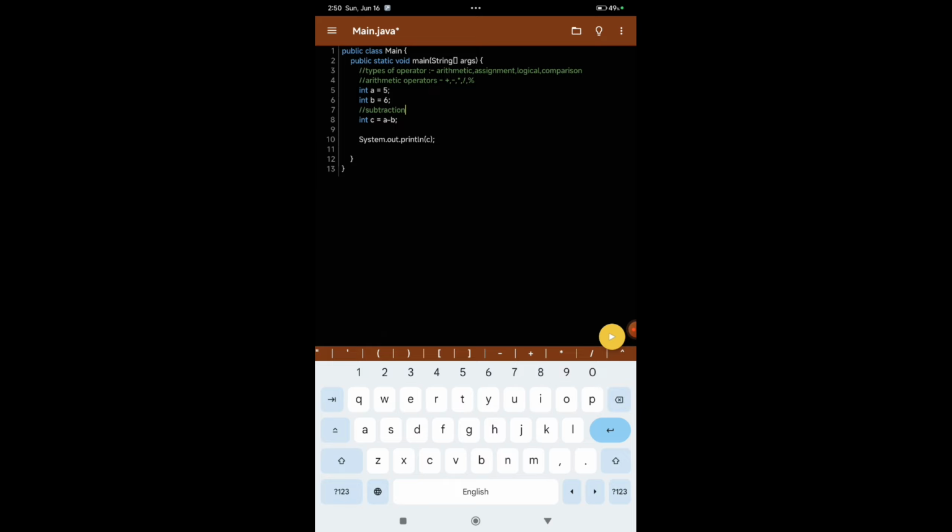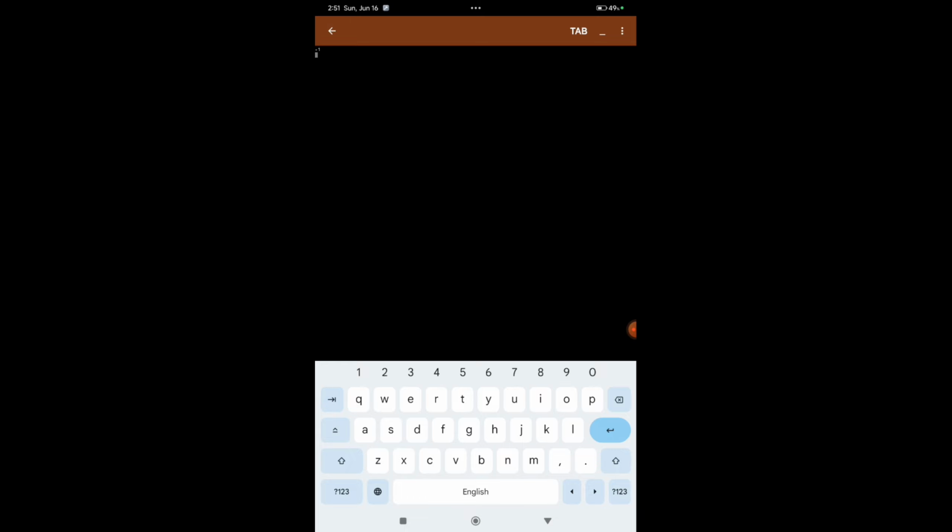Now let's understand this. a minus b: the value assigned to a is 5, the value assigned to b is 6, so the required answer will be -1. Let's run it and see if I am right.